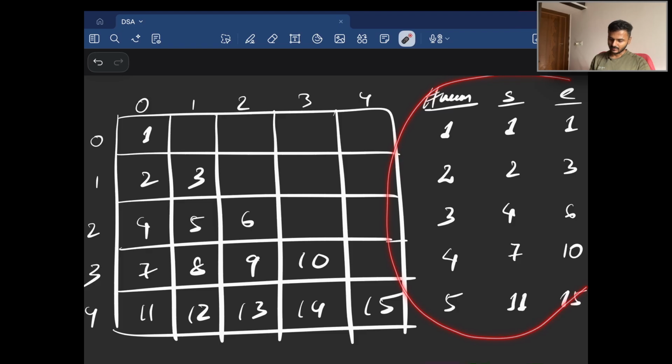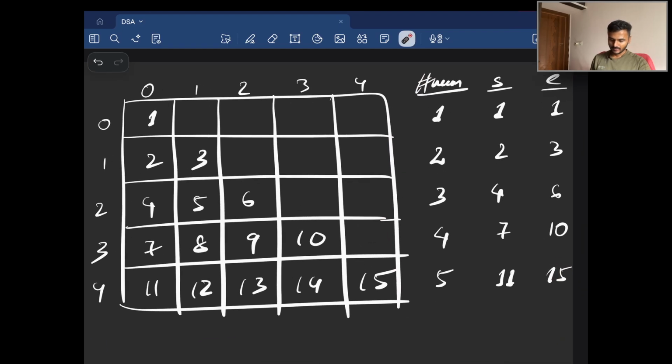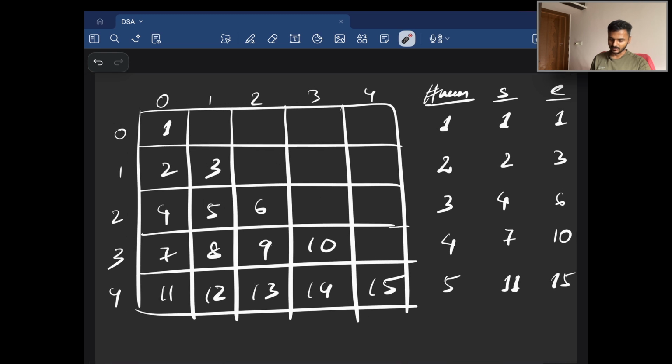That is what we can observe here, correct? So take a look at this and see if you can find some pattern over here. One which should be pretty obvious is the end value, which will depend on the start value plus the number of numbers that we are printing, right? So for example, in the third row, if we start from 4 and we are supposed to print three values, we will print 4, 5, and 6, right? So that will give us the end value.